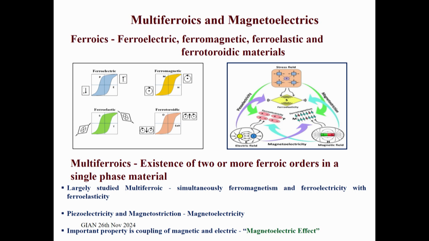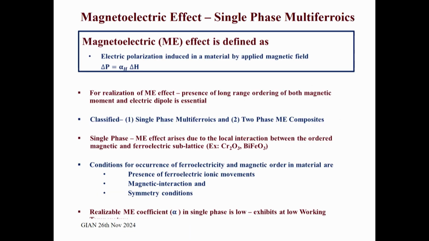Now the existence of piezoelectricity and magnetostriction, this term I will explain in the later slides, okay. That gives you magnetoelectricity, and what is required here is a coupling between the two entities, what we are focusing on to get the magnetoelectric effect.